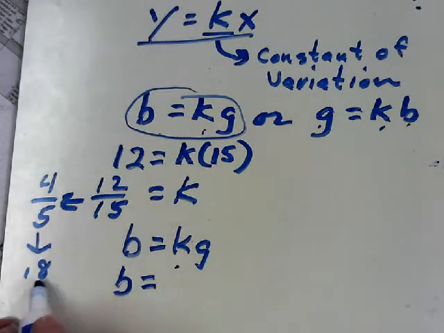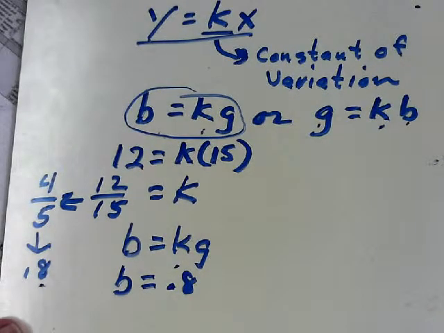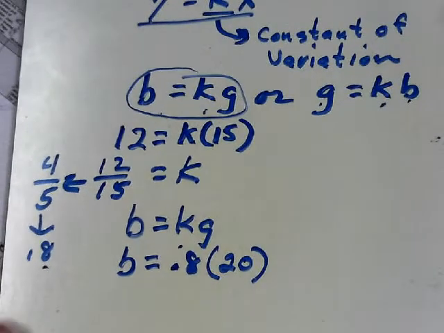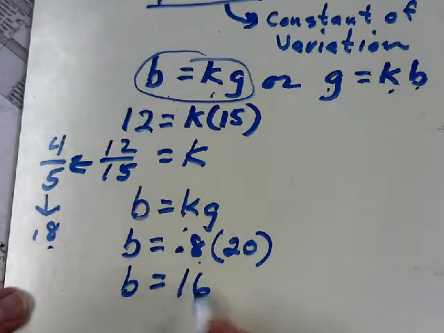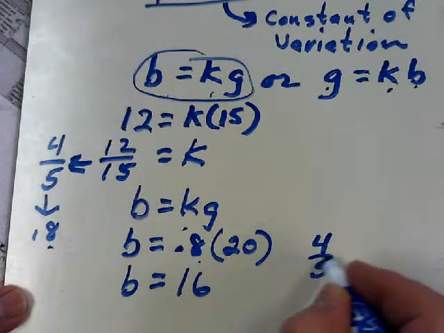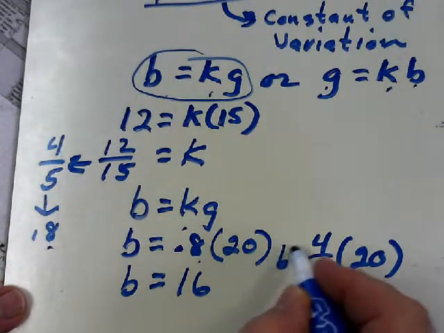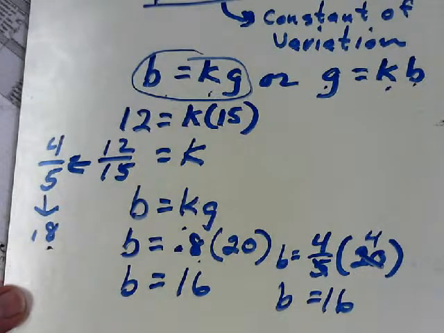Yeah, right here. I just found it, didn't I? 4/5 or 0.8. 0.8 times the number of girls, 20. So the number of boys is going to be 0.8 times 20, which is 16. Or for those of you that don't like the decimals, I could have replaced it with 4/5 times 20. Well, this will cancel with this, giving me a 4. B will equal 16.